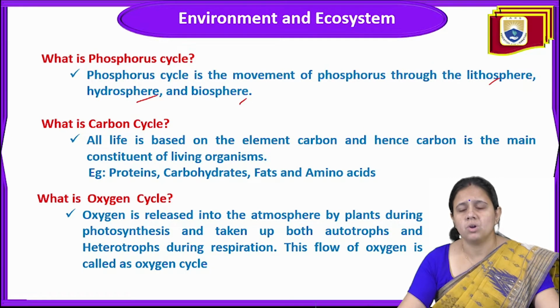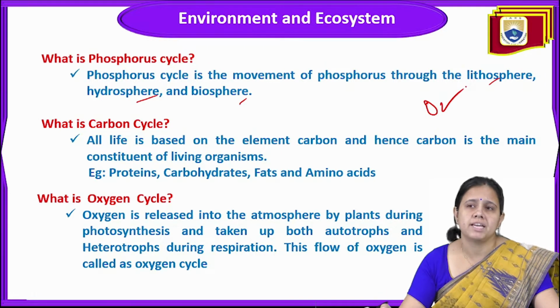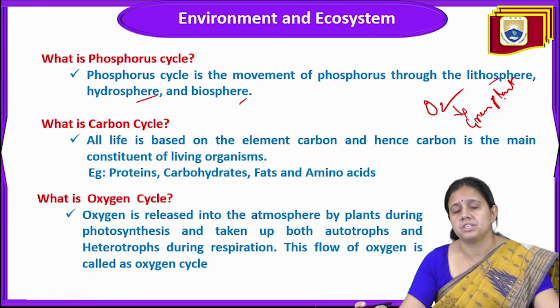First, oxygen is released into the atmosphere by plants through photosynthesis. Green plants take sunlight and do photosynthesis, oxygen is released, and then it is taken up by autotrophs, which means green plants, and heterotrophs during respiration.